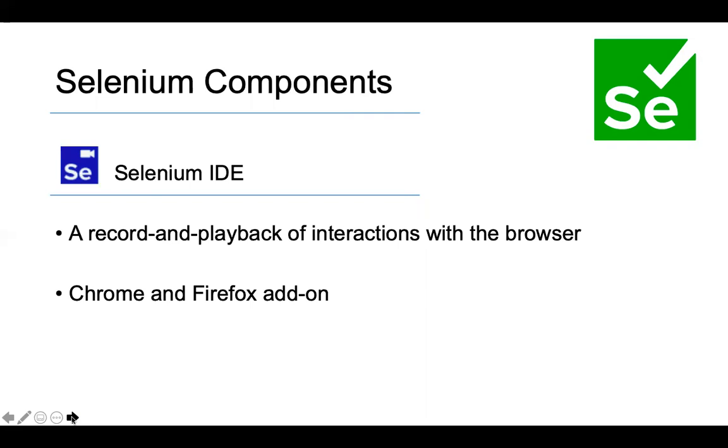IDE comes as an extension on Chrome and Firefox browsers, and it can only be used for prototype testing. If you have an issue as a tester, you can record the steps to reproduce the issue and share it with your developer. That's how you can use the IDE.